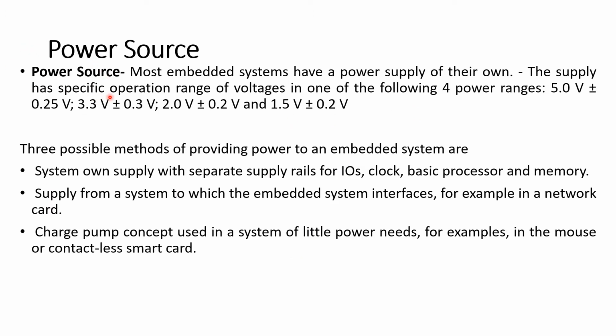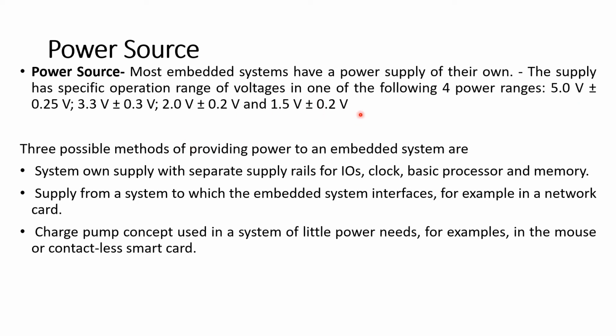Most embedded systems have a power supply of their own, and the supply voltage has a specific operating range. Most embedded systems may be either battery operated or draw power from a line, and most commonly the voltage will be in these ranges.